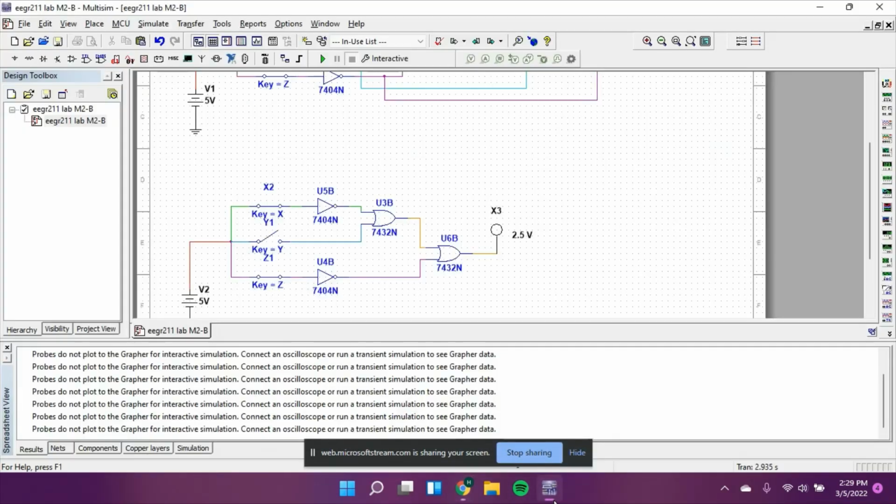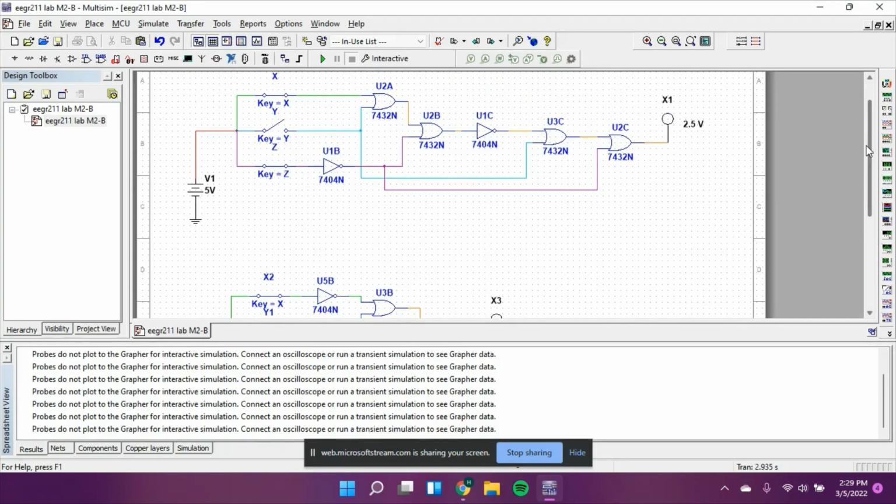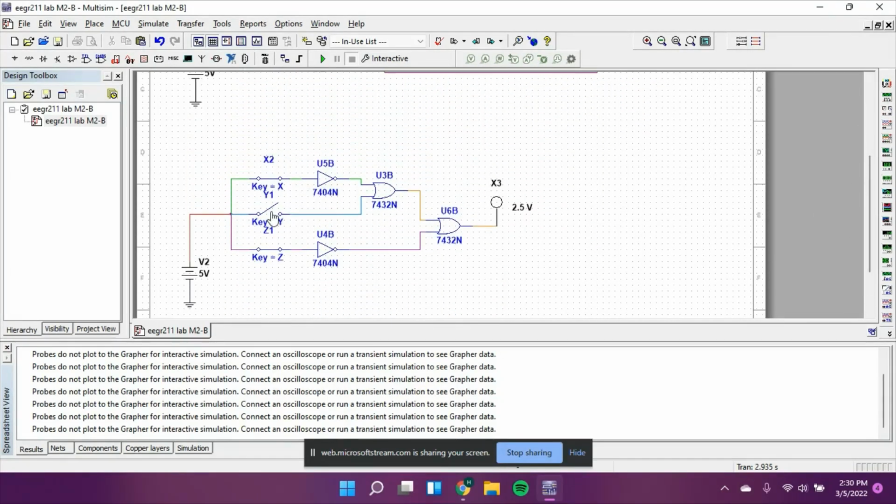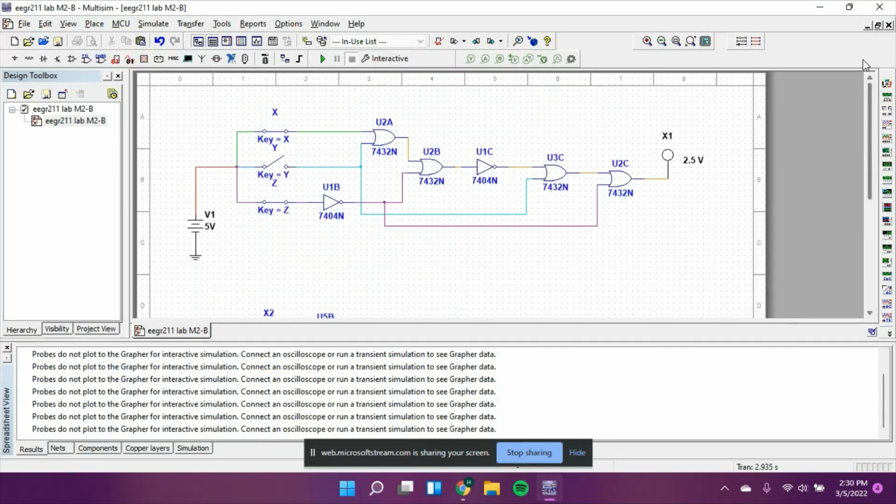I was also able to simulate the given and the simplified circuits with corresponding inputs and outputs, meaning that if the inputs here match the inputs here, then the output here will match the output here.